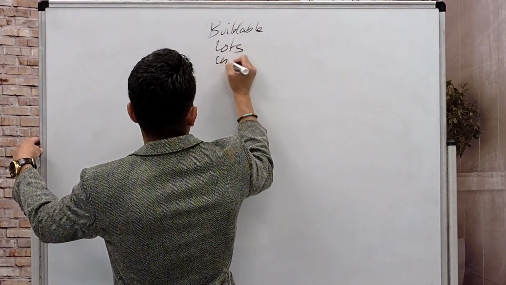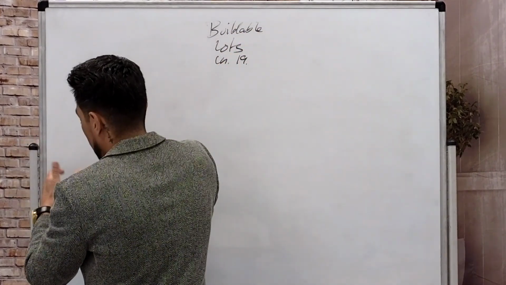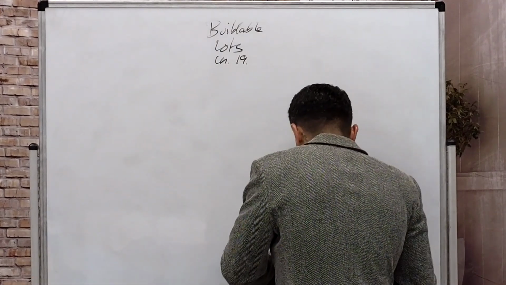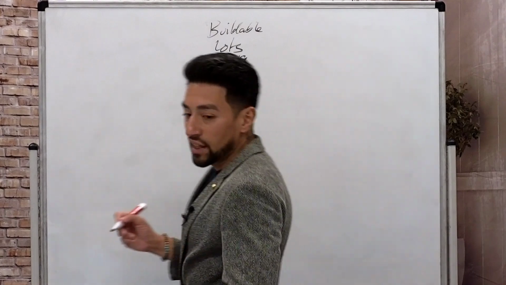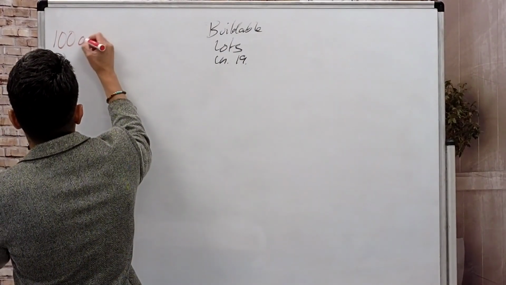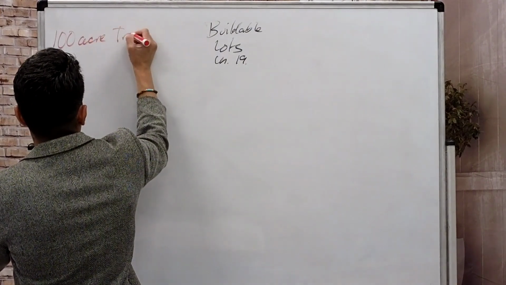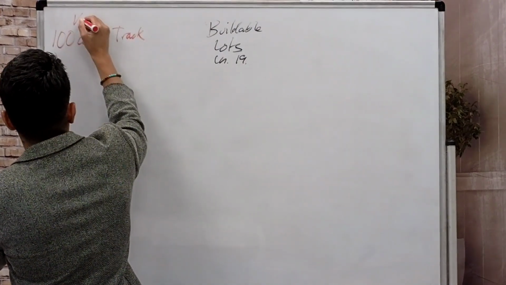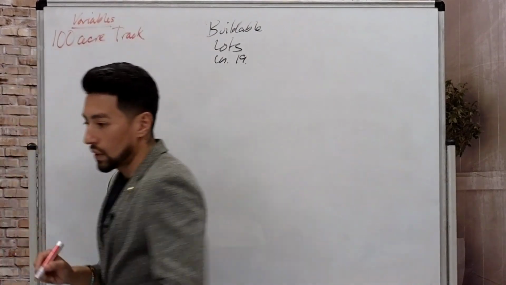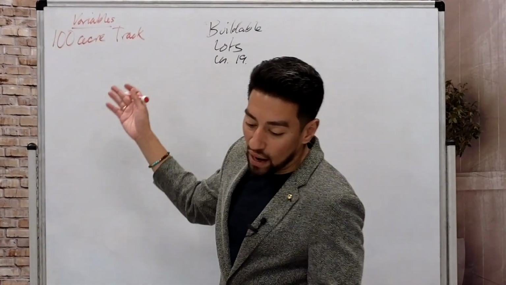That's going to be chapter 19 for you guys. Okay? So now I'm going to go ahead and write my variables right over here. So I have a 100-acre tract.